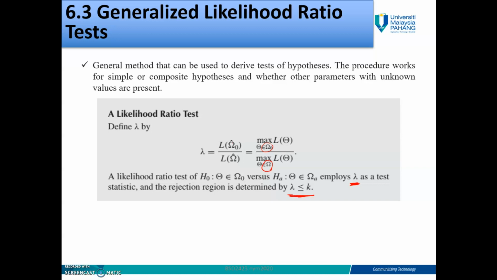Previously we had k, and we had summation of yi or y bar less than or equal to k, but this one we have lambda. We denote it as lambda, but similar things: lambda is considered the test statistic and the rejection region is lambda less than or equal to k.